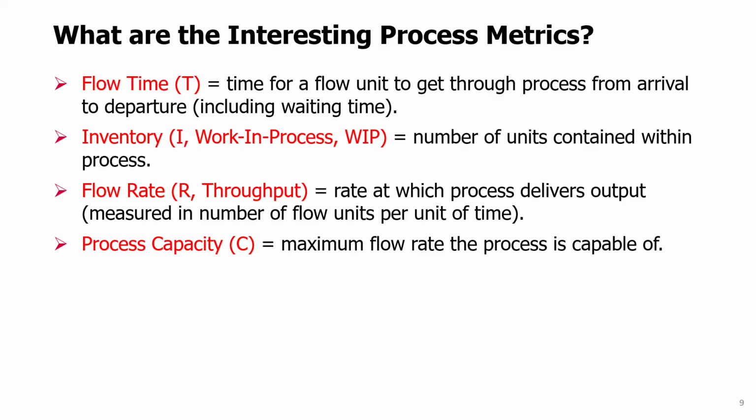Inventory is the second metric. The symbol that we will use is I. We will also sometimes talk about work in progress, or WIP for short. Inventory is the number of units that are contained within the process. Now, it's natural to talk about inventory in manufacturing processes where we produce goods. For example, we know how many cars are in the finished goods inventory, or how many cars are at a particular dealer or being shipped and so on, or how many are actually partially completed.